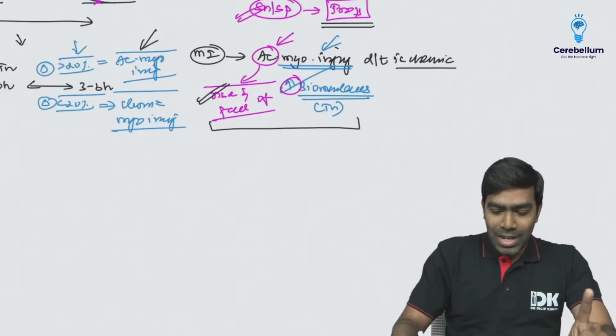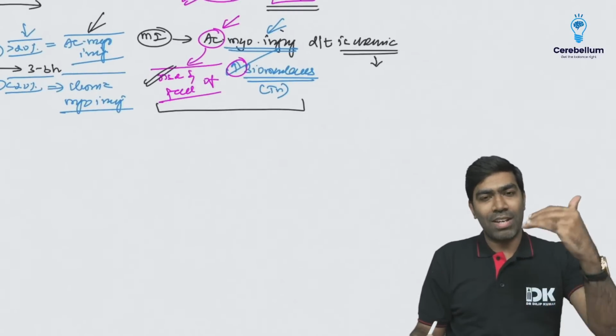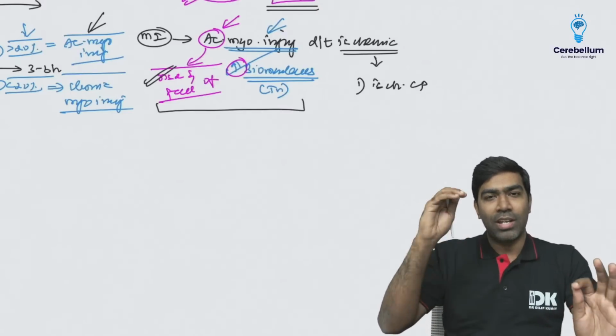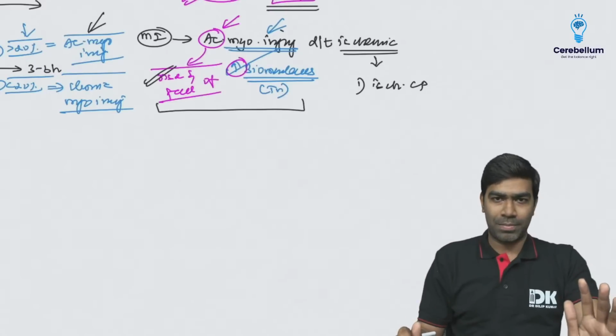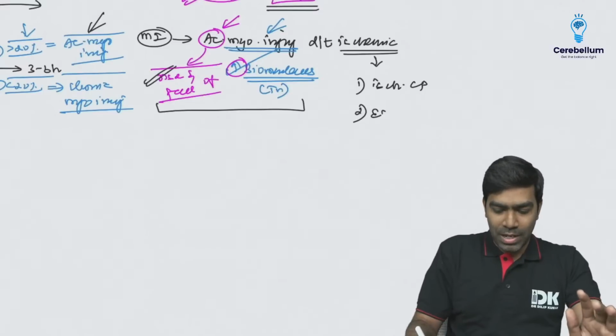So we have to prove that it is due to ischemia. How will you prove that it is due to ischemia? That is why they have given a separate criteria. Point number 1, the patient should have ischemic chest pain. I think every one of you will know what is meant by ischemic chest pain. So that is clinical. Second, you can pick it up with ECG also.